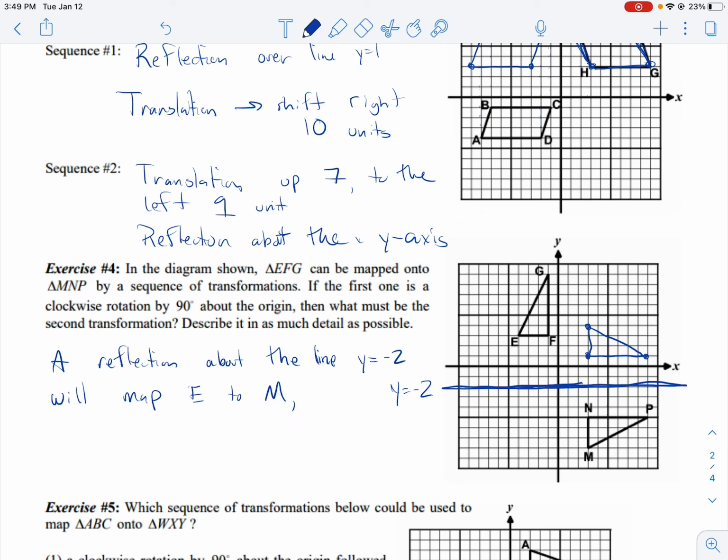E to M, okay, it's going to map F to N, and we'll map G to P. And so therefore, triangle EFG and triangle MNP are congruent.